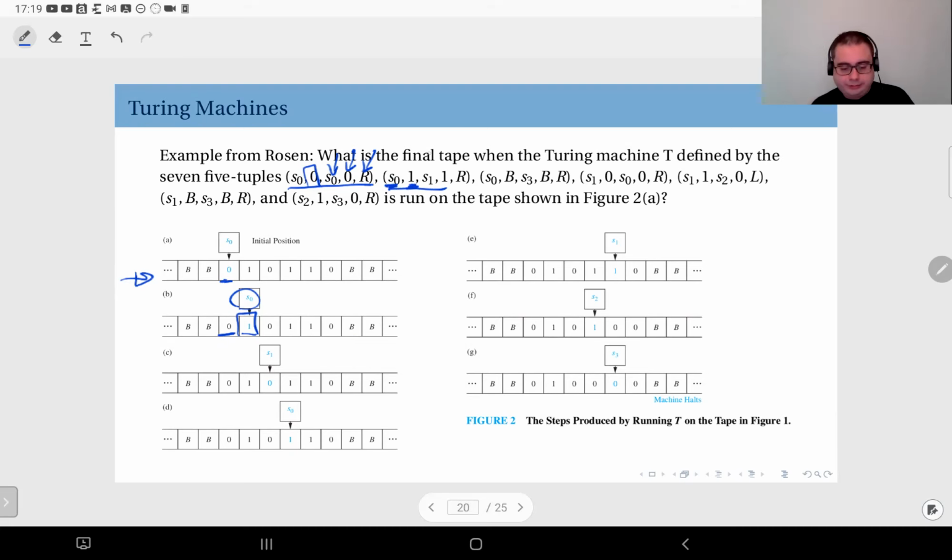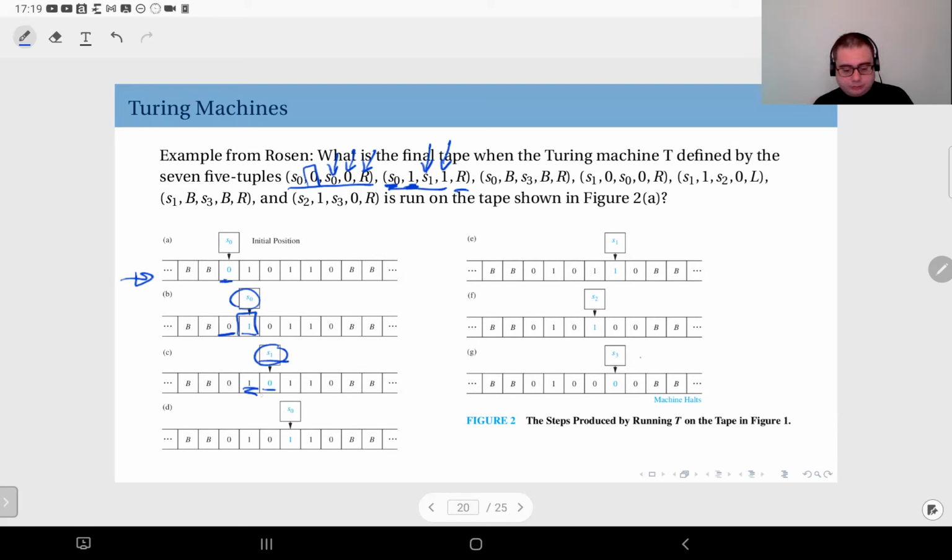This says the next state will be S1, so a state change is going to happen, and the value on the tape should be 1, and therefore I'm not going to modify it because it was already 1, and move one place towards right. So you see my state has changed to S1, and I did not modify this symbol here, and I moved one towards right, so I'm looking at this cell now.